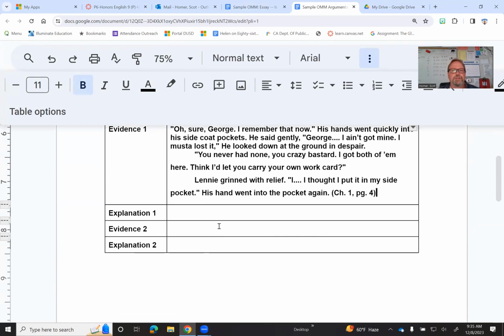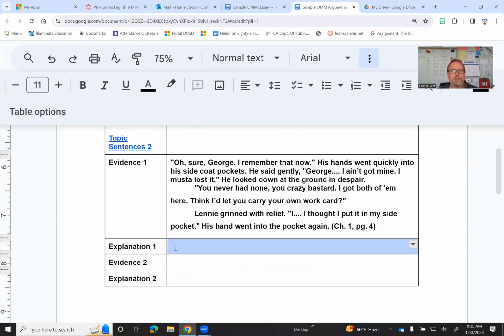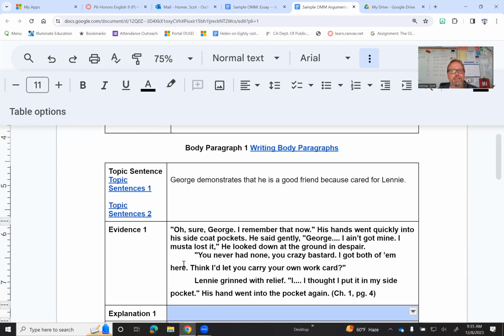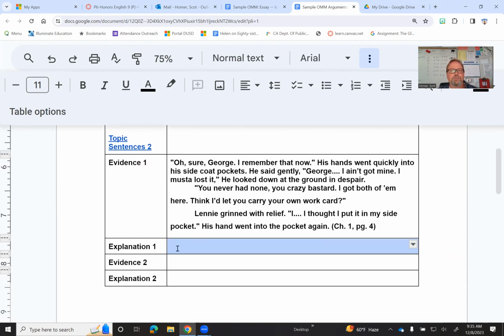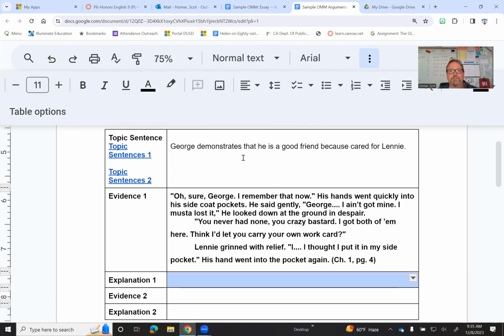And there it is. And then what you do here is you're going to explain how this evidence supports that statement. It's kind of like doing an ACE paragraph. You're going to give your explanation on how whatever you wrote here in the evidence shows that George is a good friend because he cares for Lenny.